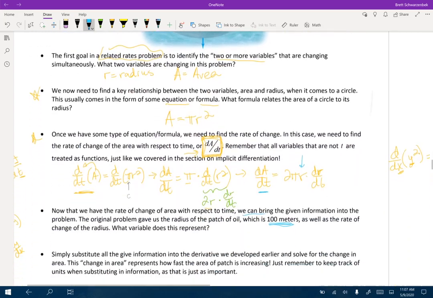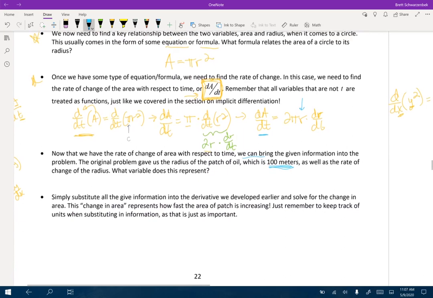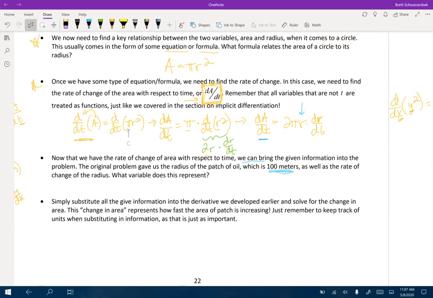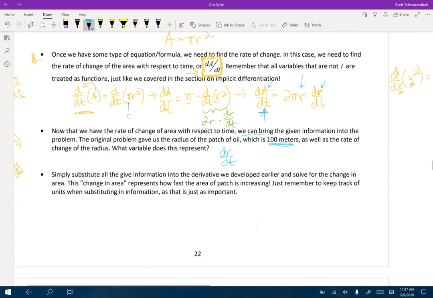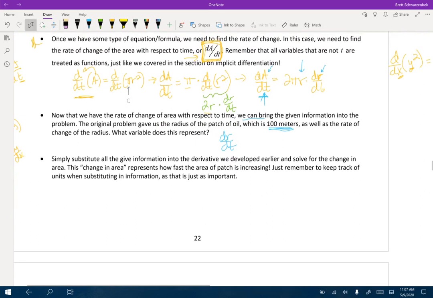So what is the rate of change of radius variable in our problem? Well, if this is the rate of change of area, then this is the rate of change of radius. So this is that variable dr dt. It says simply substitute all the given information into the derivative we developed earlier and solve for the rate of change of area.